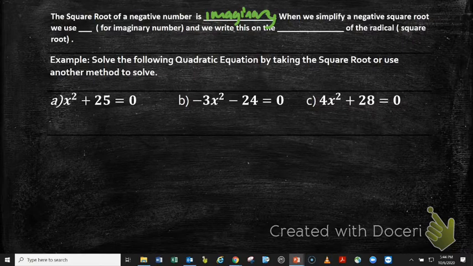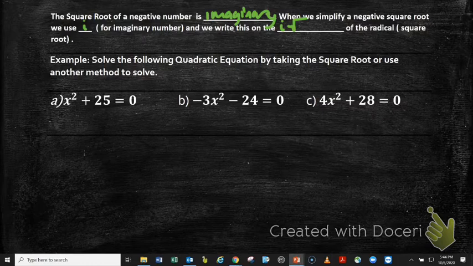Complex solutions occur when you have an imaginary number. So when we simplify a negative square root, we use the letter i to denote that. And what we do with that is we write i on the outside of the square root. So we'd have something like this. We'd pull that negative sign out, and we would write it outside of the radical for the square root.